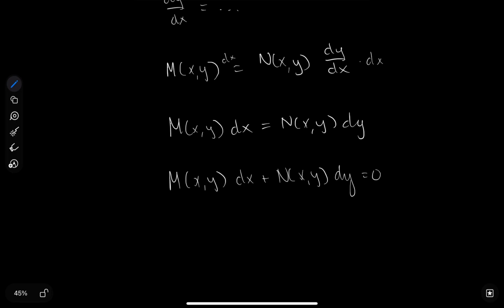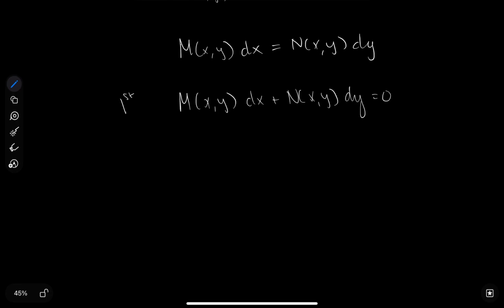So this is the first order case. Now, a differential equation is said to be exact if the following relation is true: the partial derivative of M with respect to y equals the partial derivative of N with respect to x.